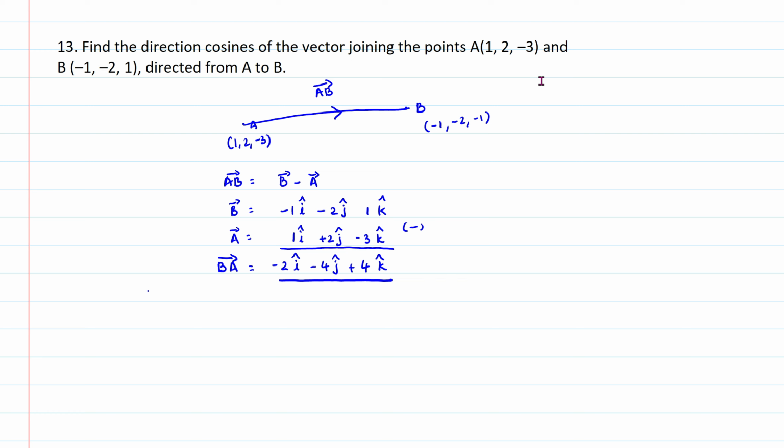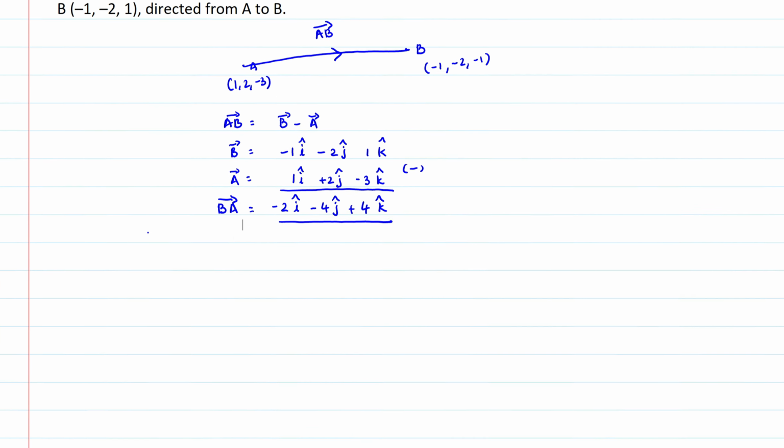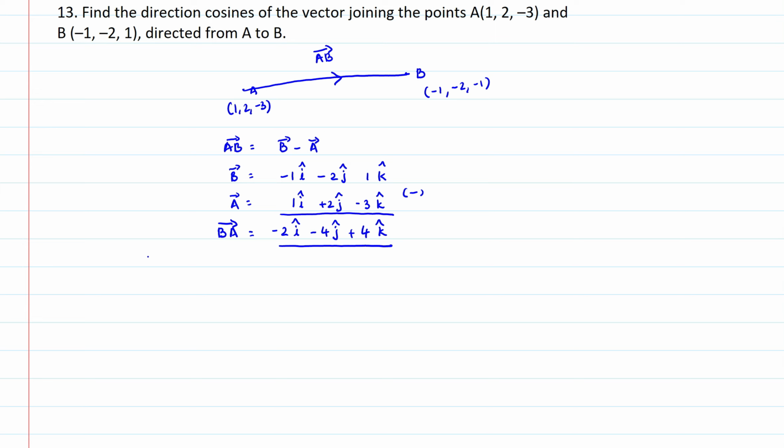Let's see the calculation part. This will not be BA vector, this will be AB vector. For simplicity's sake, I will name this vector as R vector. Now, what will be the length of this R vector? That will be the magnitude of R vector, which is root of x square plus y square plus z square.